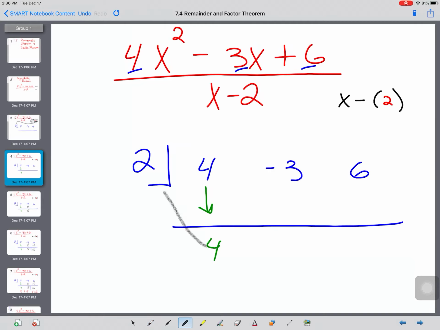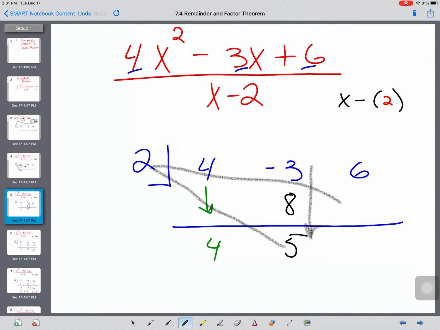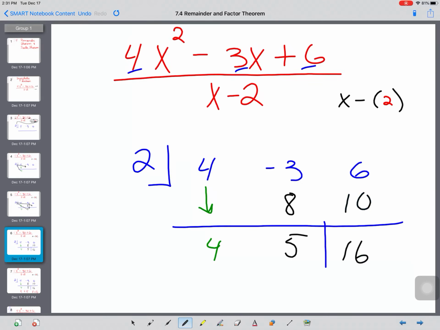You take this number times that number and write it in the next column. So 4 times 2 is 8, write it in the next column, and then you add. Same pattern: take this number times that number, write it in the next column. 5 times 2 is 10, write it in the next column, add them up.